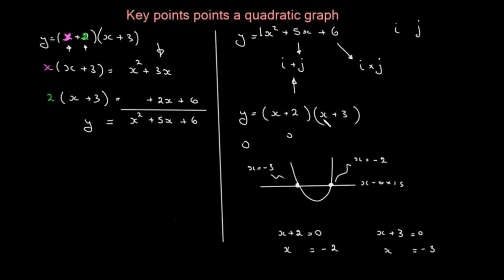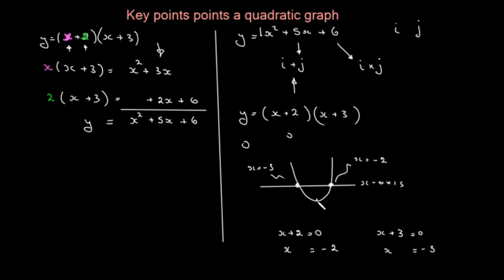If x is equal to negative 3, that is minus 3 plus 3, which is 0. If x is equal to negative 2, that is minus 2 plus 2, which is 0. We have found the points where this graph crosses the x-axis.